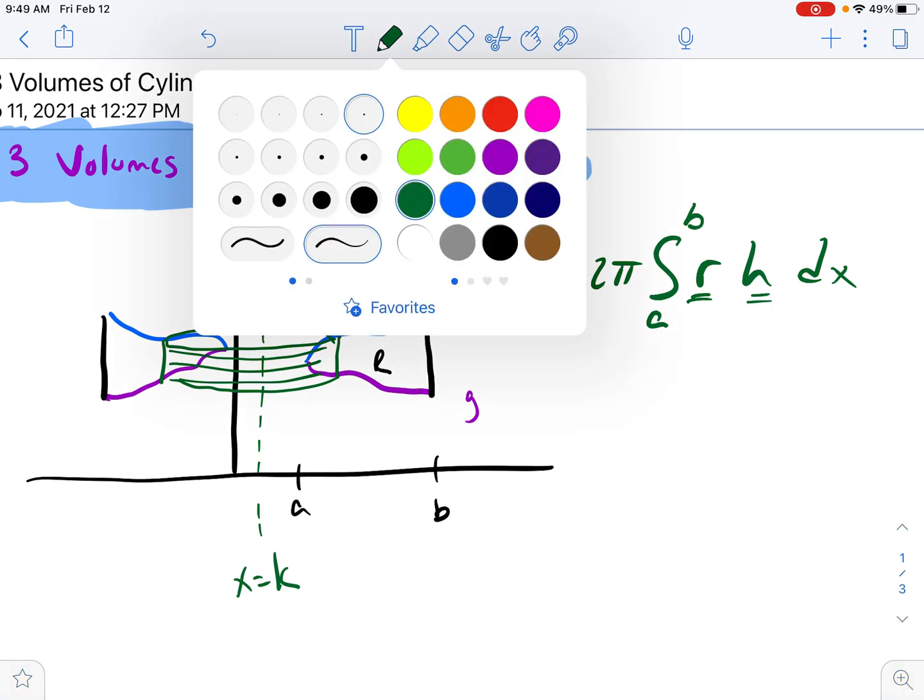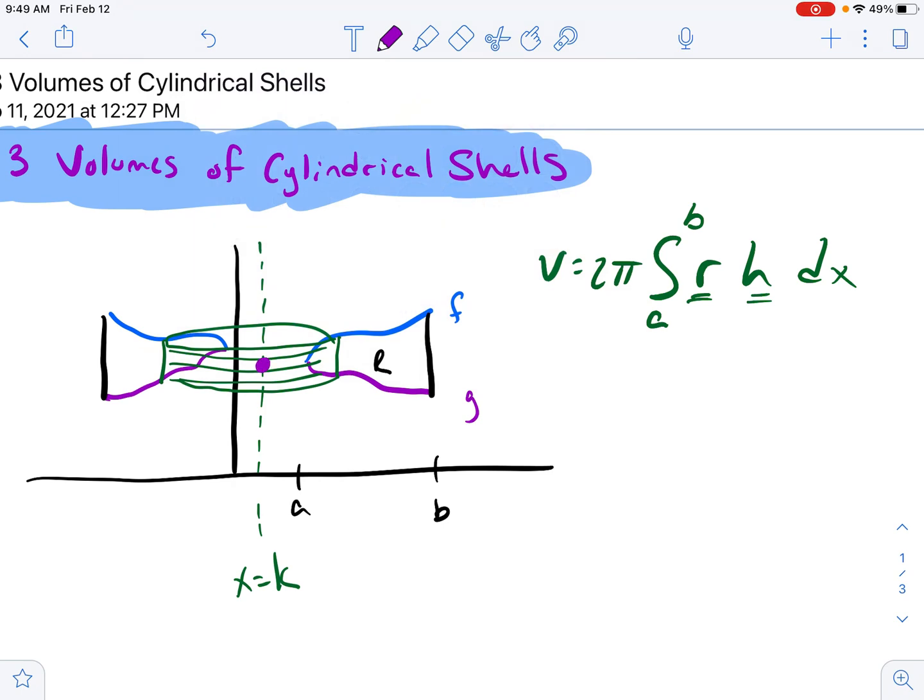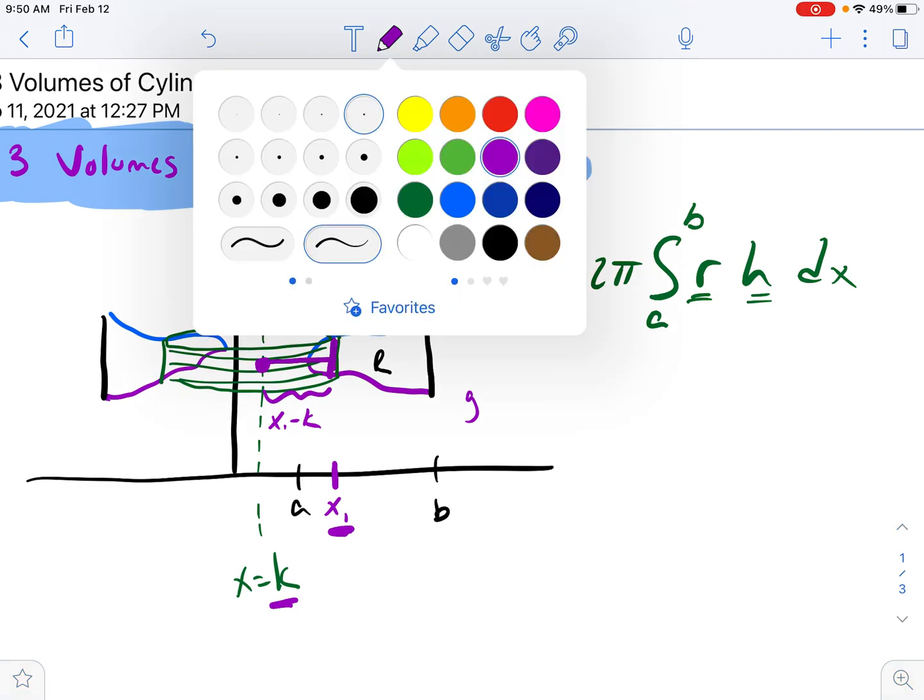So look, the radius now of this shell goes from the center of the circle out to the x value we happen to be at. Call that x sub 1. So that would be the difference. What's that length going to be? I would have to do what with this number and this number? I'd have to subtract them. So that's the difference here. To find the radius, we have to subtract x minus the line of rotation, and we always want that to be positive.